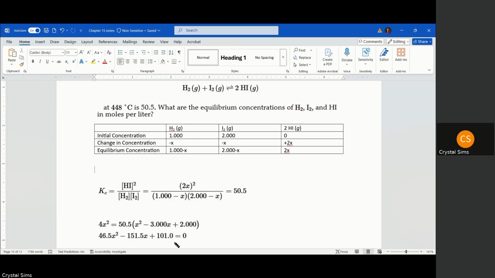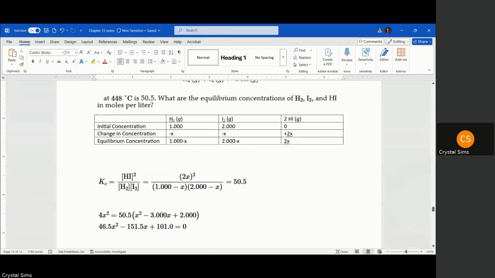That gives me my 101. And then I set that equal to 0 because nothing's on the other side of the equation anymore. So here is my equation. This is a quadratic equation where I have x squared, an x, and then not an x here. So in order to solve this equation, I'm going to have to use the quadratic formula.